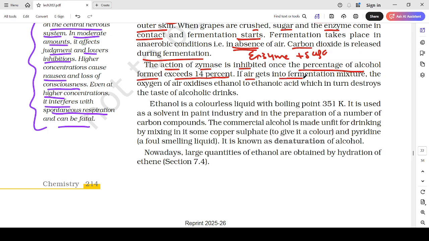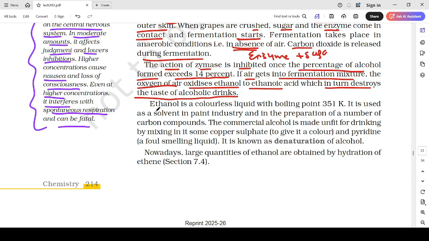If the air gets into the fermentation mixture, the oxygen of air oxidizes ethanol to ethanoic acid. Ethanol is already getting formed. If you do it in a very sealed container, it's fine. But if air gets into it, it converts it into ethanoic acid, which in turn destroys the taste of alcoholic drinks. Ethanol only gives that taste. If converted into ethanoic acid, it is almost like vinegar solution.